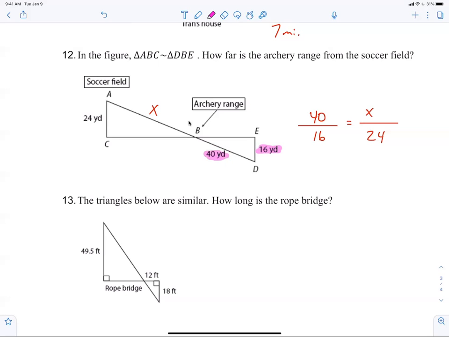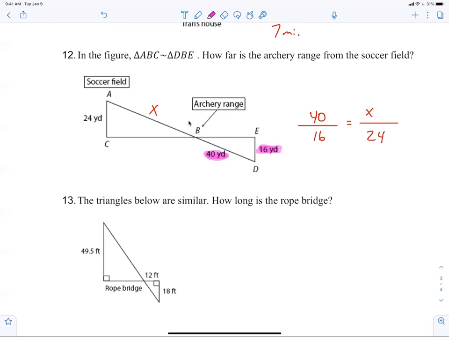Could you do 24 over 62? Yes, but I always just go to two sides of the triangle that I know. The two sides that I know are 16 and 40. So we wrote that down, 40 and 16.